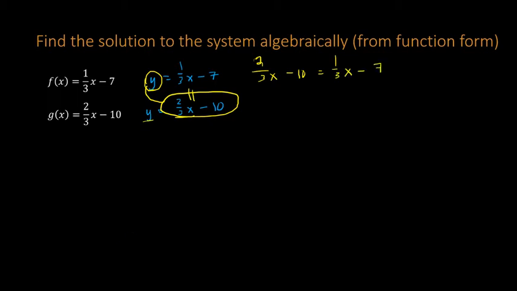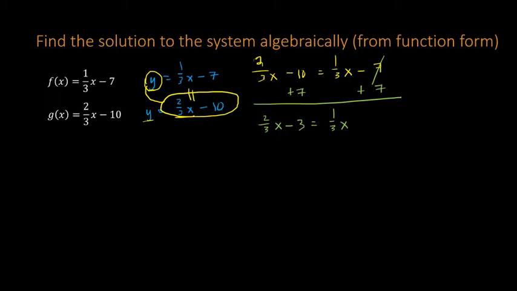So now I'm going to solve for x. Let's see, what's a good way to start here? I think I'll start by adding 7 to both sides of my equation. I get 2/3 x, and then negative 10 plus 7 is minus 3. 1/3 x, this cancels out.